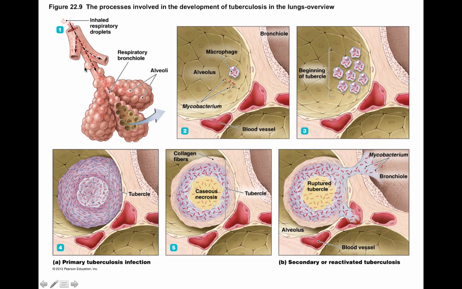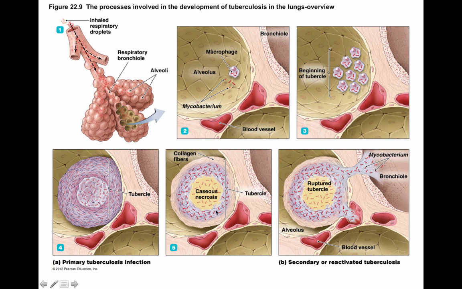So you've inhaled the bacteria. Your macrophage are trying to eat them. The bacteria are not being killed, though. They're growing and dividing inside the macrophage. They're slowly killing these macrophages. More and more macrophage come, trying to contain and keep eating and phagocytosing the bacteria.